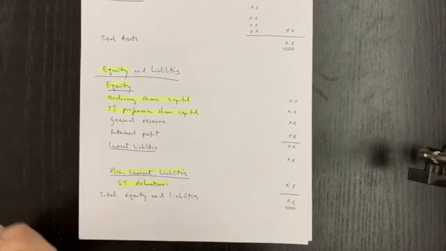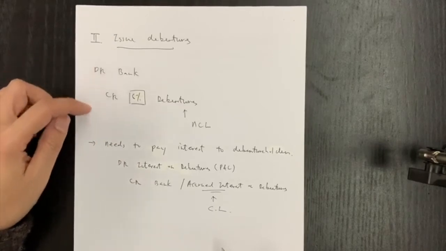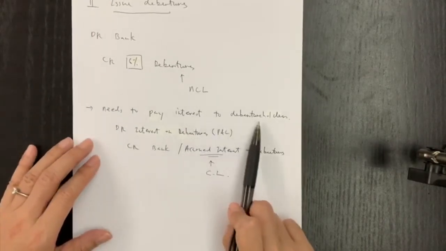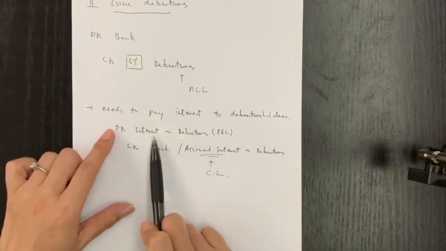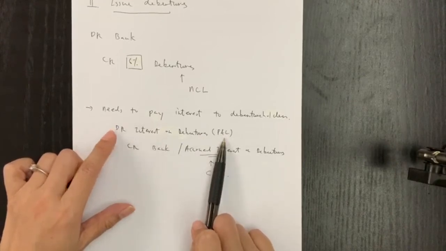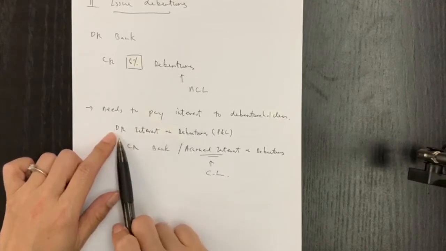non-current liability. Okay, so after issuing debentures to the public, the company has to pay interest to the debenture holders. And here is the double entry. So we debit interest on debentures in the profit and loss account. So in the income statement, you can see this interest is a kind of normal expense.